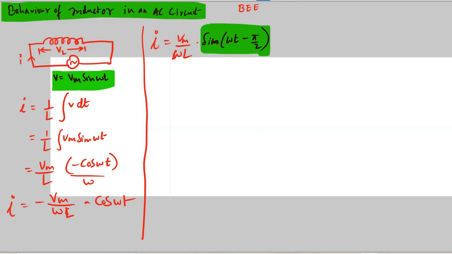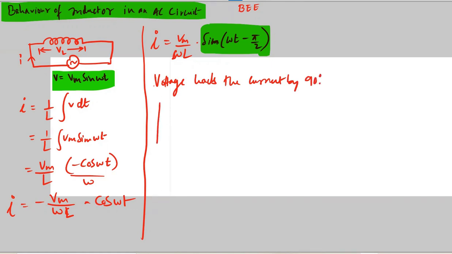So because of this we say that the voltage across the inductor leads the current by 90 degrees. So the voltage leads the current by what value? 90 degrees.